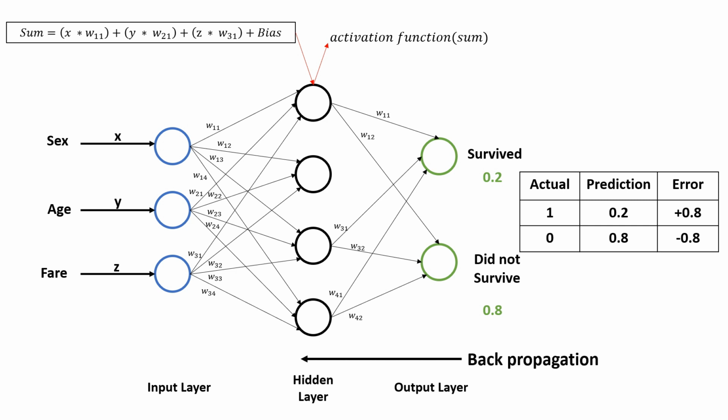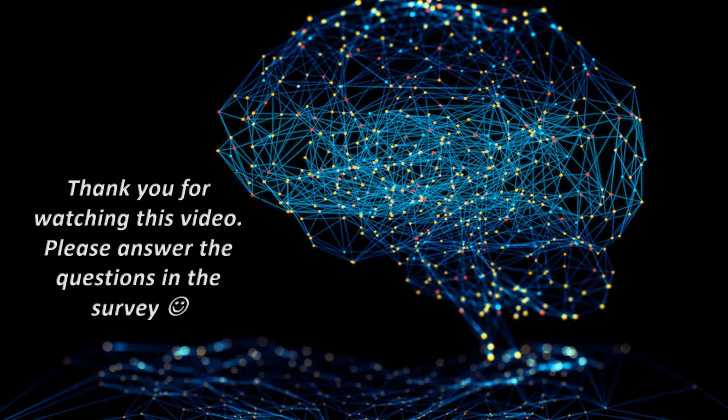This is called backpropagation. Using this information, the weights are adjusted accordingly to get the correct prediction. The forward and backpropagation are iterative processes with multiple inputs until the network learns to predict the desired output. This is how the neural network model works and how the predictions are made.